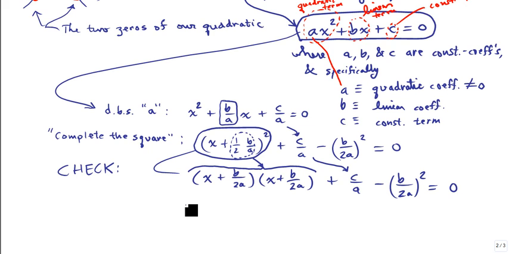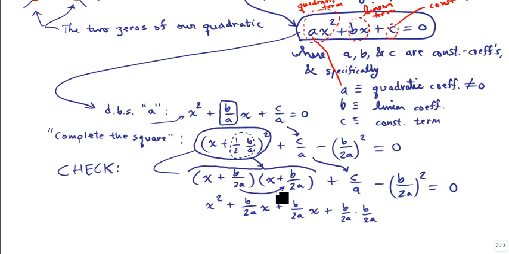Let's check to make sure that we have not altered our original equation, which is this one right here. So x times x is x squared, plus we get b over 2a times x when I do this product, plus b over 2a times x when I do this product, and lastly b over 2a times b over 2a when I do the last product.